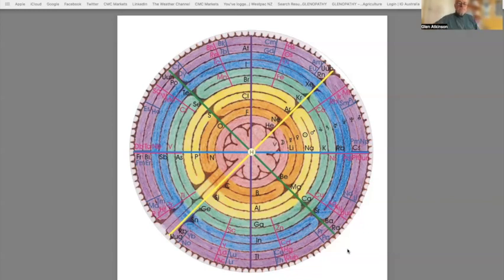Now, we can look at these rings that are in the labyrinth, and we can allot particular planetary activities to each of those rings. So this helps add another layer of interpretation to the effects of these elements.